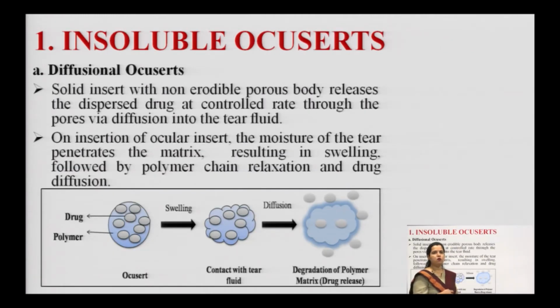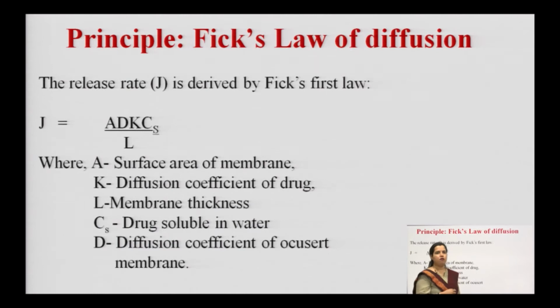What is the mechanism? How can you represent it? The Fick's principle is the release rate J is derived by Fick's first law, that is J is equal to A D K C S divided by L, where A is the surface area of the membrane, K is the diffusion coefficient of the drug, how much drug is diffusing out from the OcuSert, L is the membrane thickness, C S is the drug solubility in water, and D is the diffusion coefficient of the OcuSert.